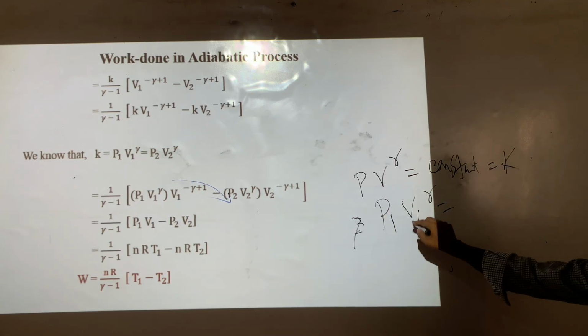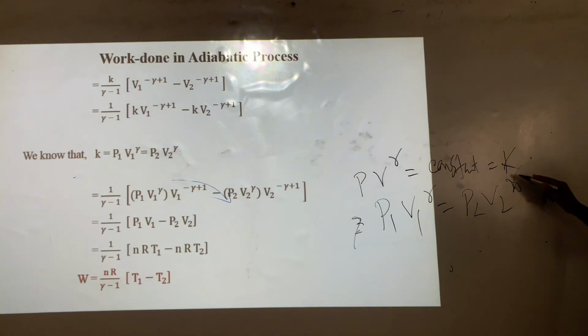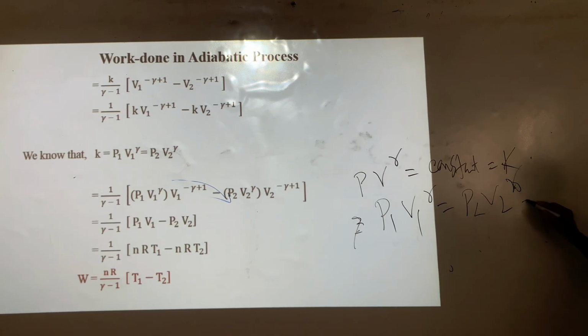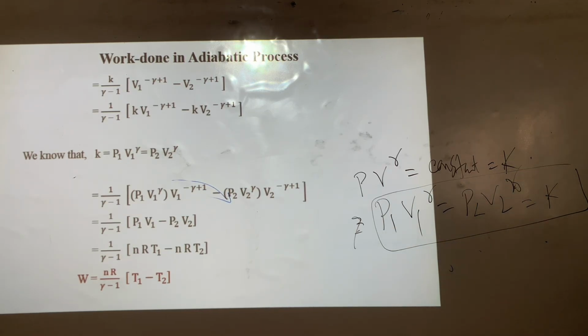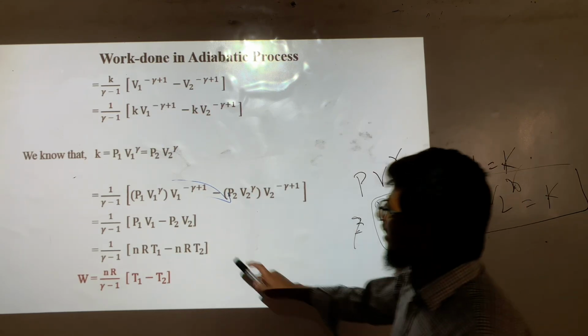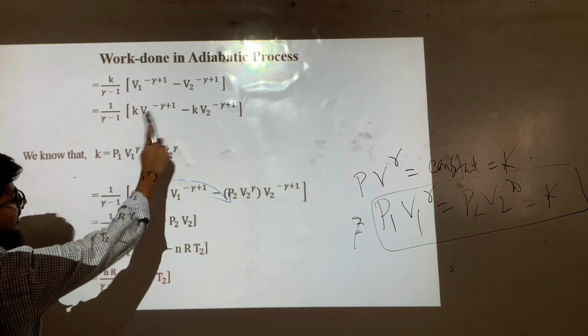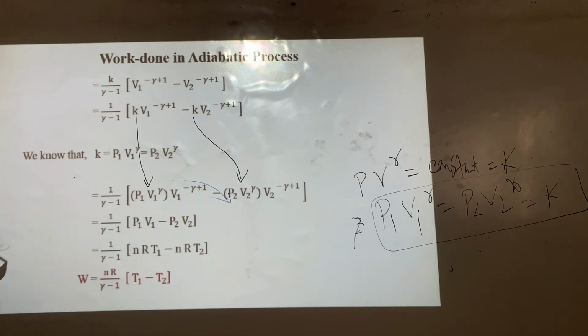So P1 V1 to the power gamma is equal to P2 V2 to the power gamma, and for all of these different P's and V's, they are equal to that constant K. So you plug in K is equal to P1 V1 to the power gamma, and K is equal to P2 V2 to the power gamma.